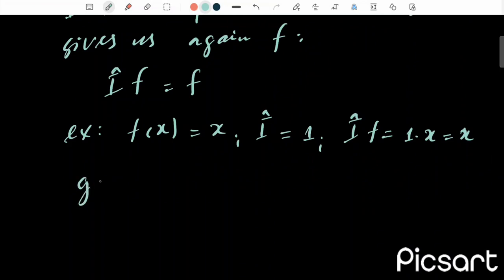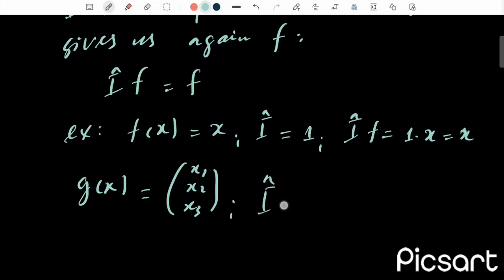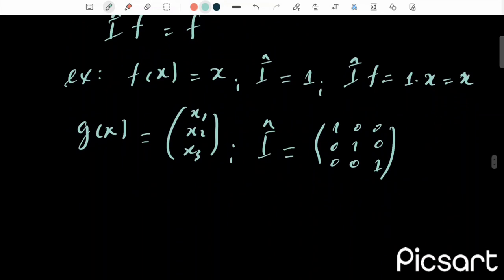Suppose now that our g function is equal to a column matrix. Then we have x1, x2, x3 as the elements of the function g, and we have the identity matrix as 1 0 0, 0 1 0, 0 0 1.